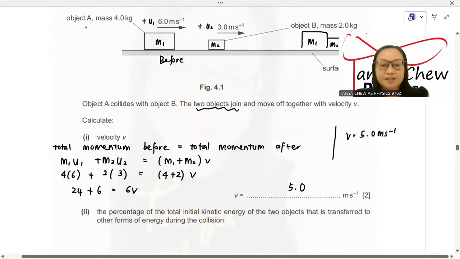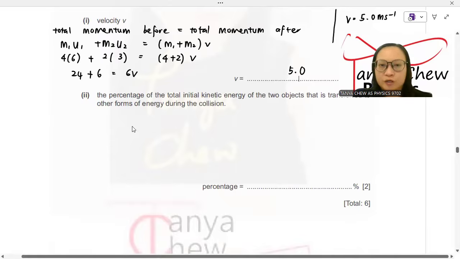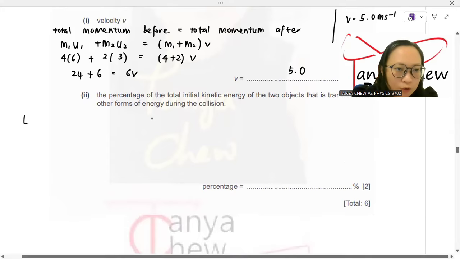Second part, the percentage of the total kinetic energy of the two objects that is transferred to other forms of energy during the collision. You need to know that this is an inelastic collision. In an inelastic collision, the total kinetic energy must always be lesser. Now I am going to find the total initial kinetic energy.